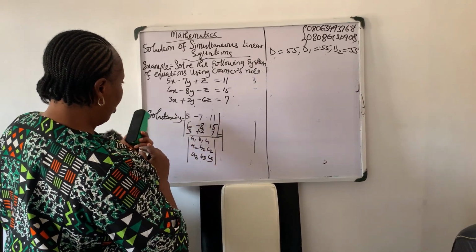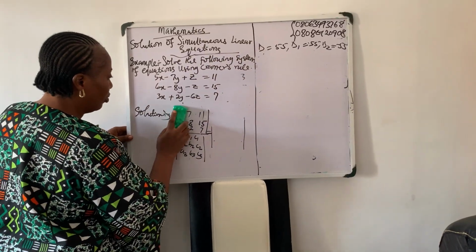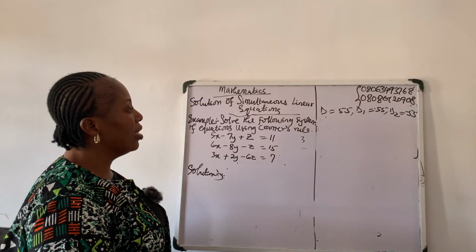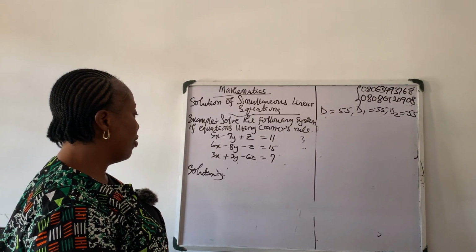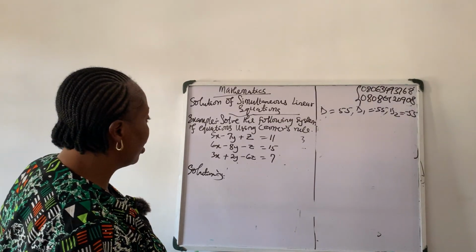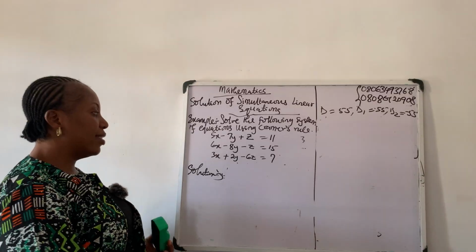So, our d1 and our d2 are done, and now we get our d3, which is our z.